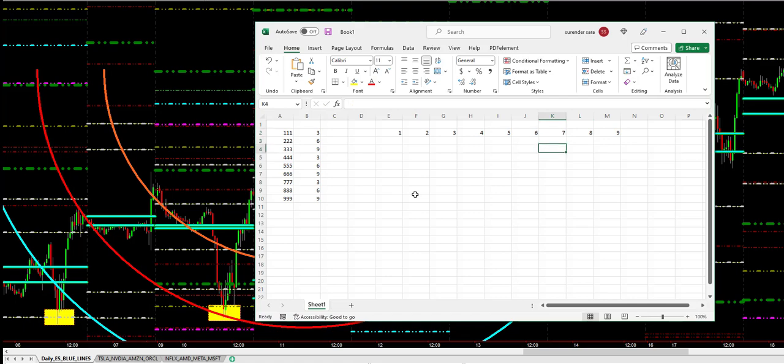If something is vibrating at frequency 7, its offset is 9 minus 7, which is 2. So 9 minus 7 is 2, right? So number 7 is also linked with number 2.